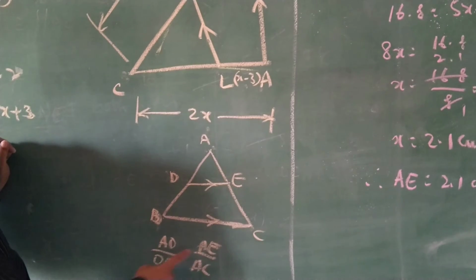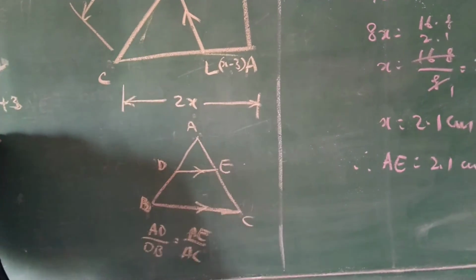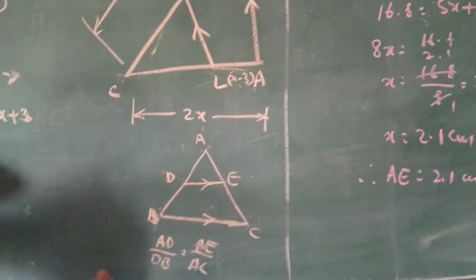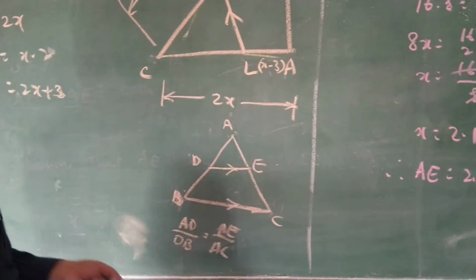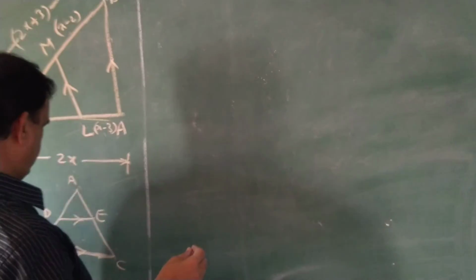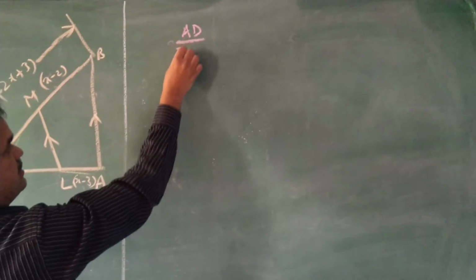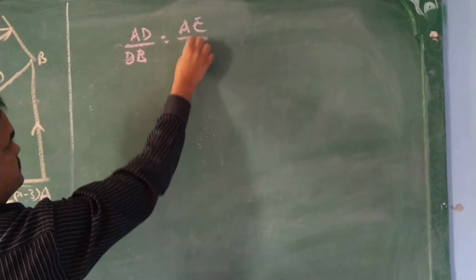By adding plus 1 to both sides, you will get AB by DB is equal to AC by EC.